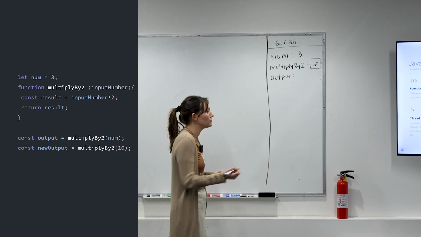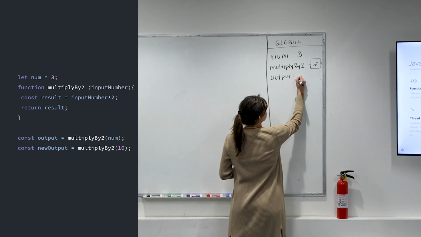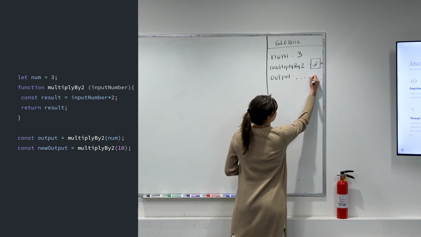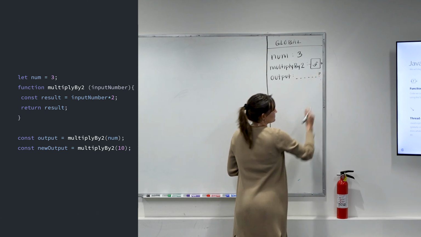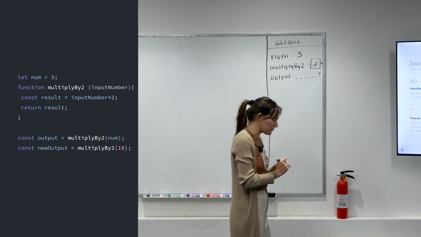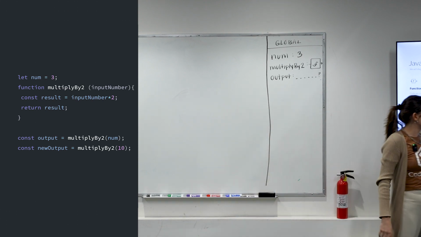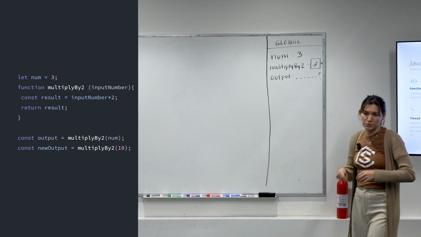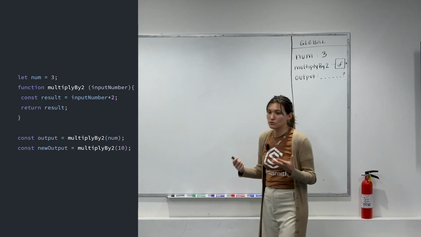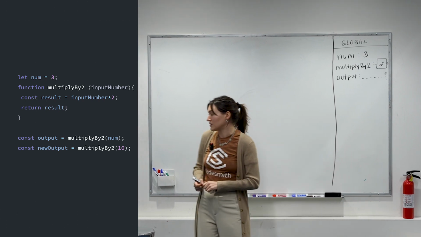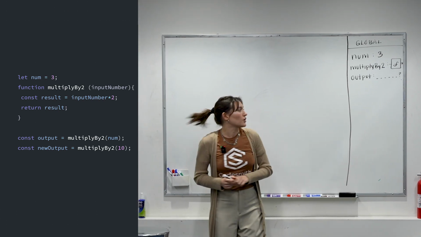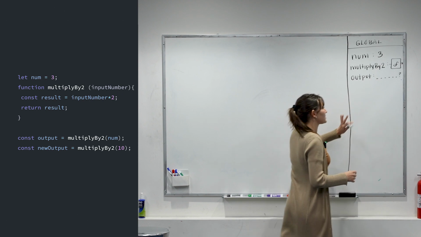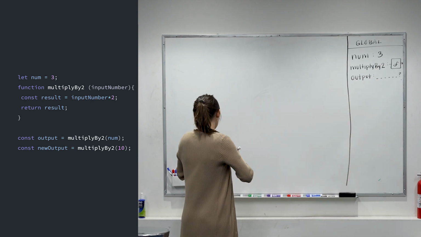Now, Dennis, how did you know that we were invoking multiply by 2? The parentheses. Cool. Yeah, absolutely. Whenever we invoke a function, we can just write its label name, in this case, multiply by 2, and then use those parentheses to tell JavaScript to run the code inside of that function definition. All right, cool. So like we said, we're not sure what output is going to be just yet, but we could figure that out.